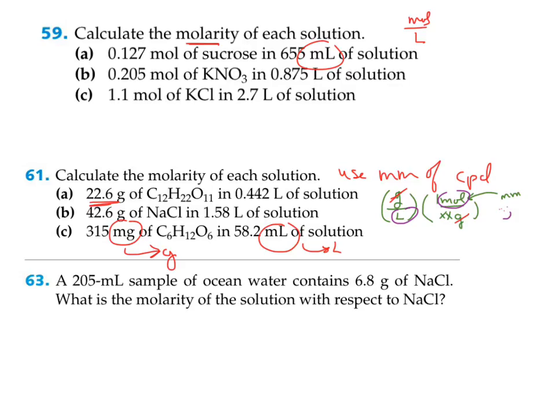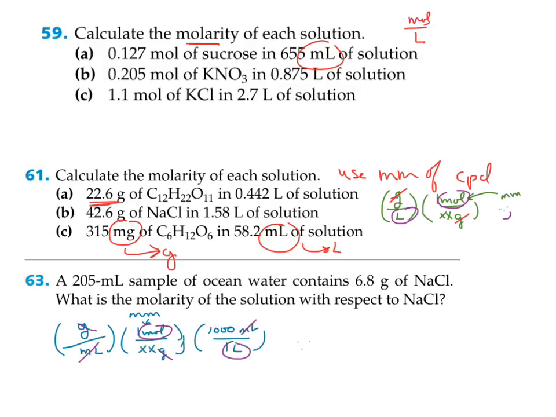And then the last one, I kind of wrote it all out for you. The solute is sodium chloride, and again we want molarity. You're given grams, so you're going to have to go from grams to moles using the molar mass of sodium chloride. And then the third term is to fix the milliliter term on the bottom.